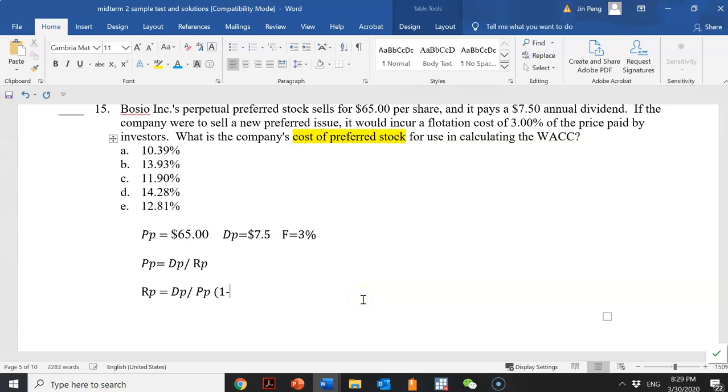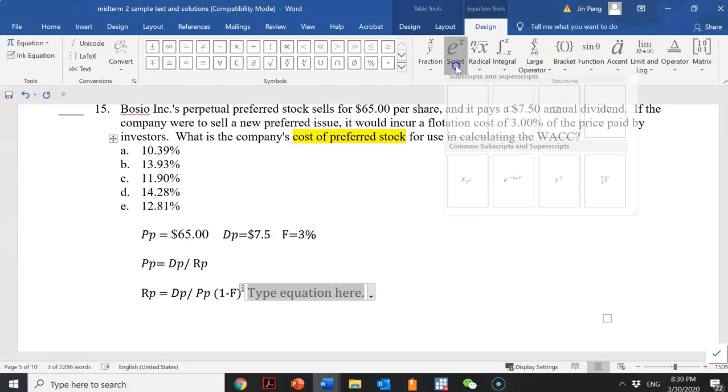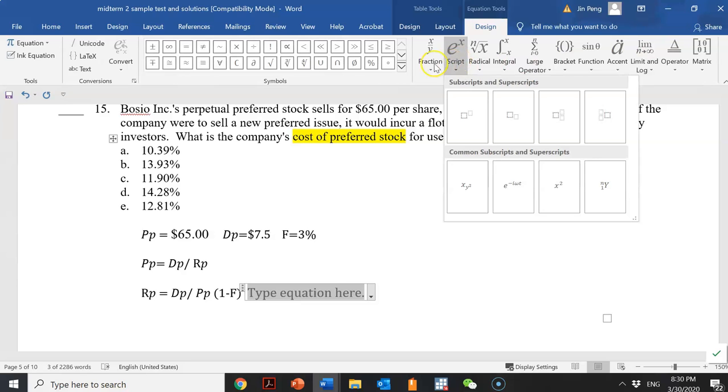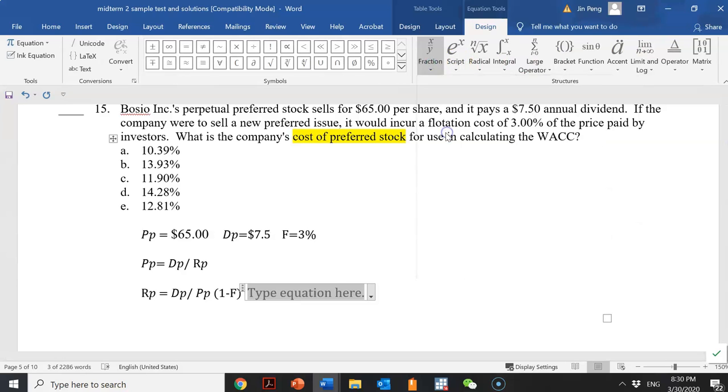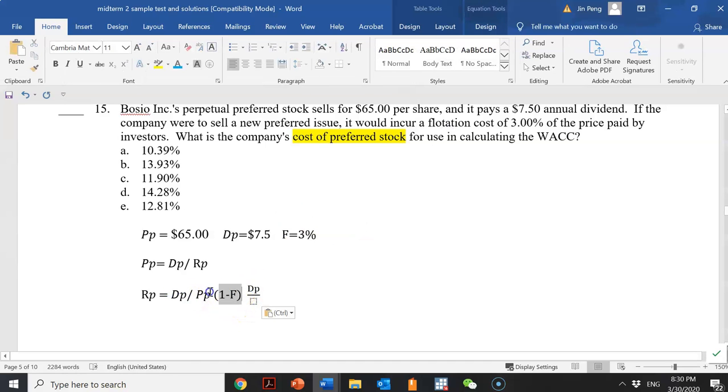So we need to use 1 minus F multiplied by preferred stock price as the denominator. If I want to show this in a clearer way, I should probably use this fraction here. So we have DP as our numerator and PP multiplied by 1 minus F as our denominator. The original model does not have 1 minus F, but here we add a 1 minus F.